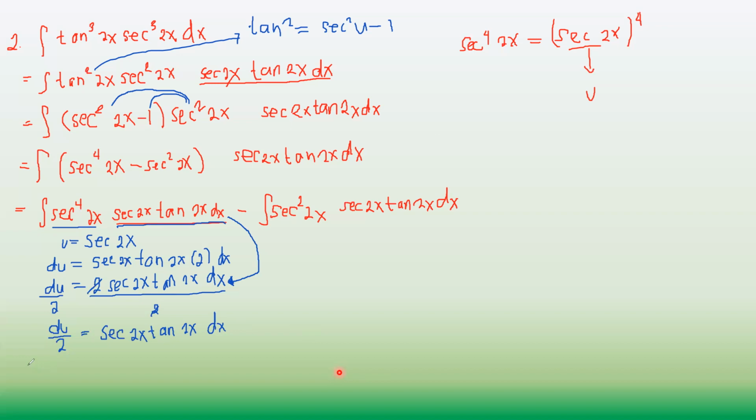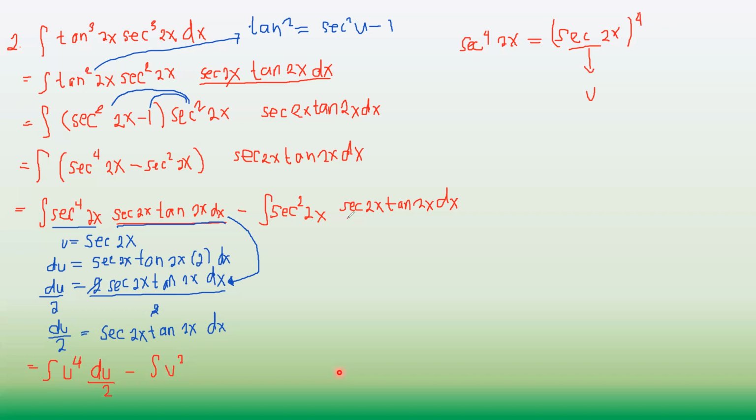So yung una, magkakaroon ka ng integral o ang secant ay u. So u raised to 4 kasi secant raised to 4 yon. Then itong secant 2x tangent 2x dx, yan ay du over 2, itong katumbas. Minus, dito tayo. Ito naman ay secant squared. So yung secant mo ay u. Kaso exponent niya ay 2 kaya u squared yan.